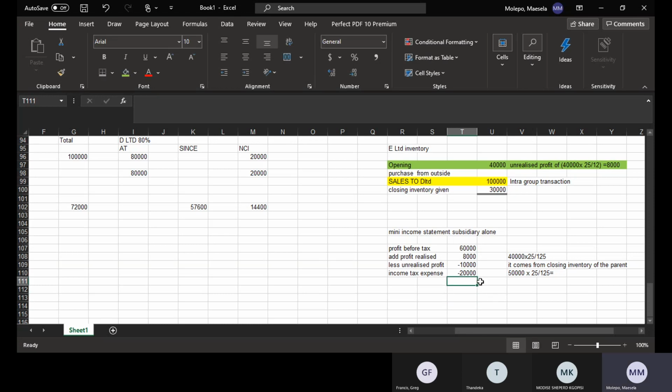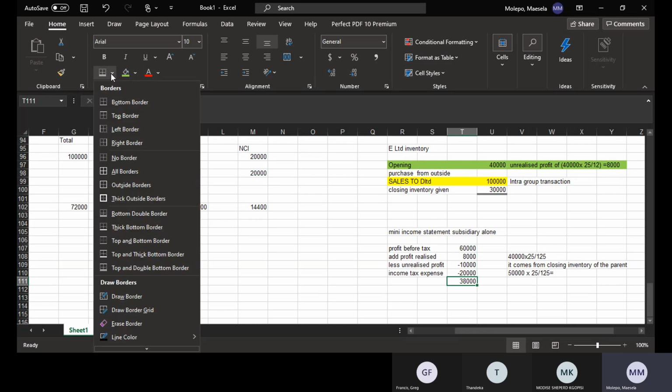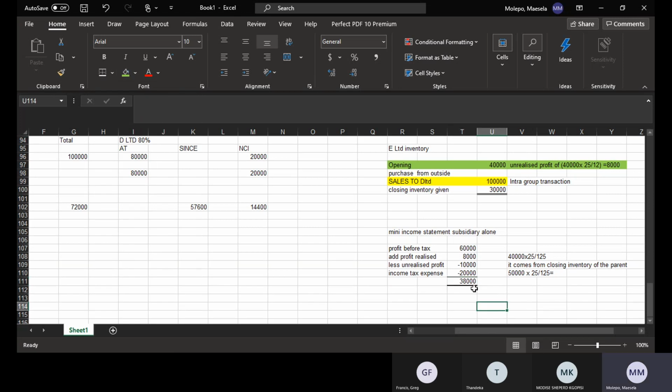Then when we sum this, it will be 38,000. So our 38,000 represents the profit realized by the subsidiary alone.